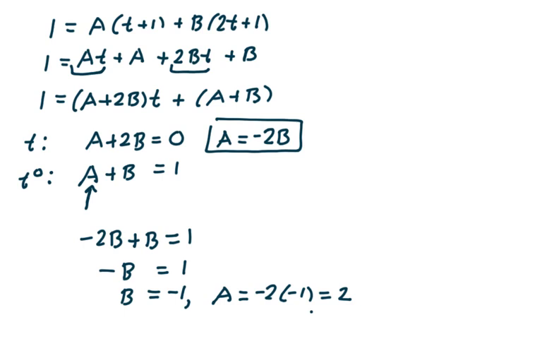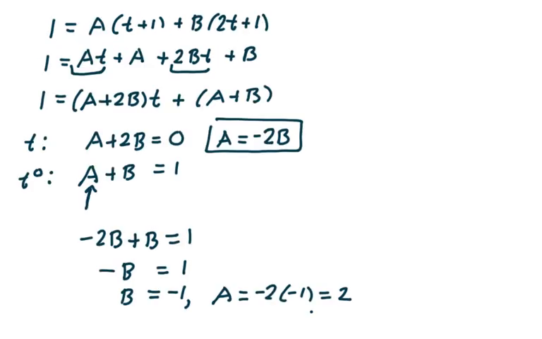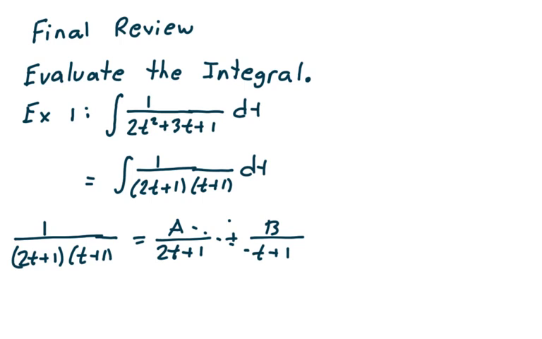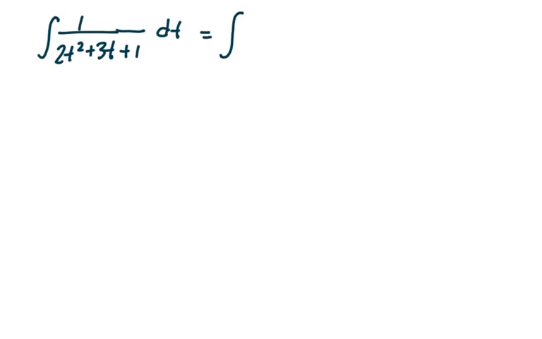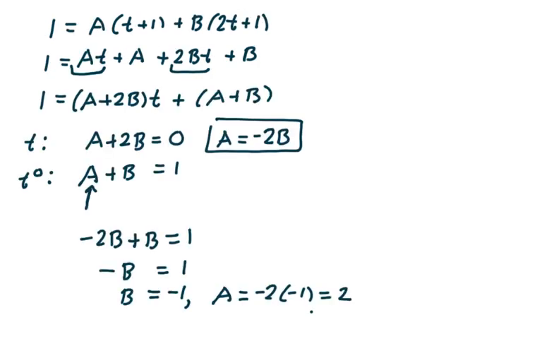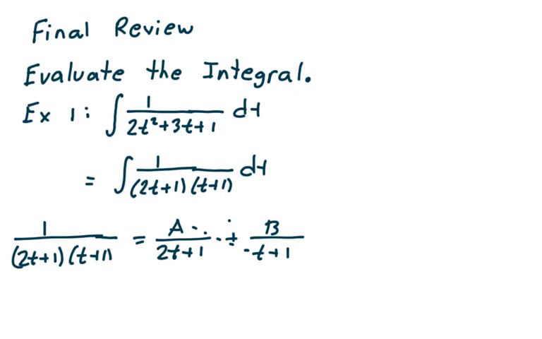So far, we got the integral of 1 over 2t squared plus 3t plus 1 dt. This is equal to the integral of, now I'm going to come over here. Remember, A is 2. So this is 2 over 2t plus 1, then minus 1 over t plus 1.